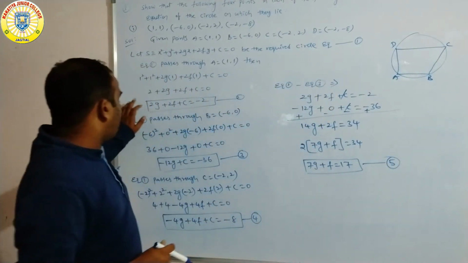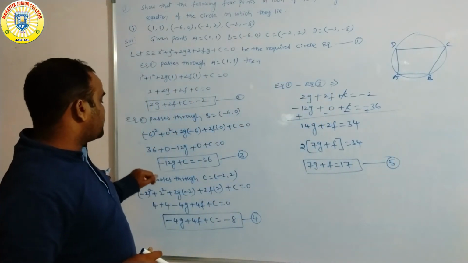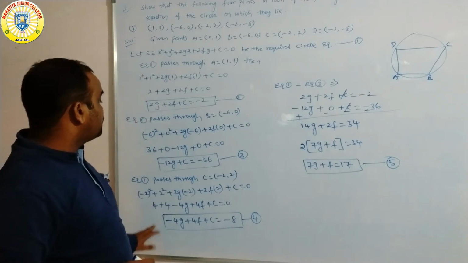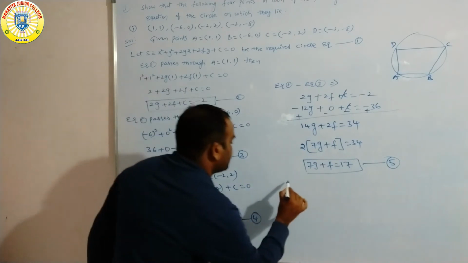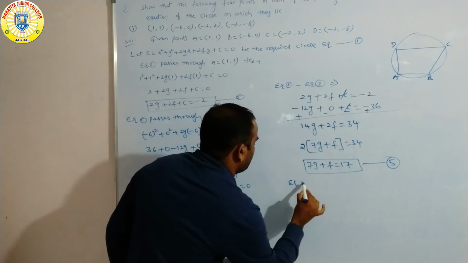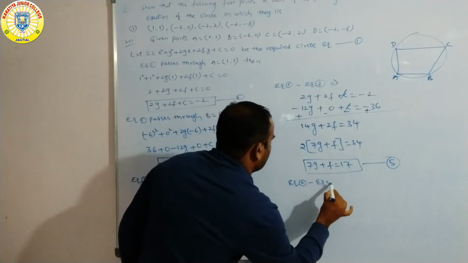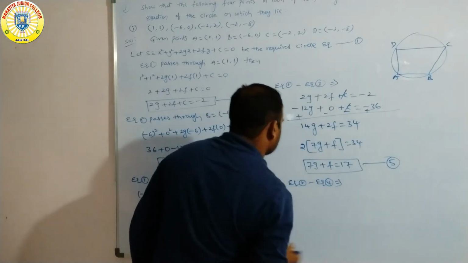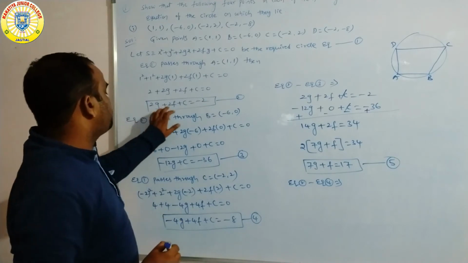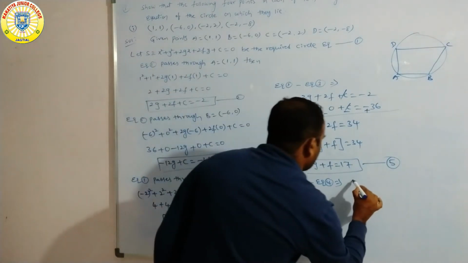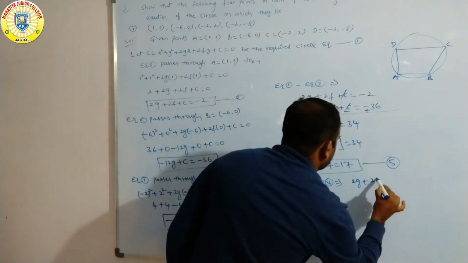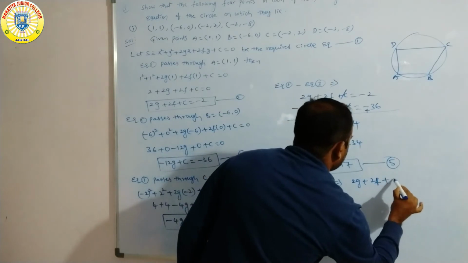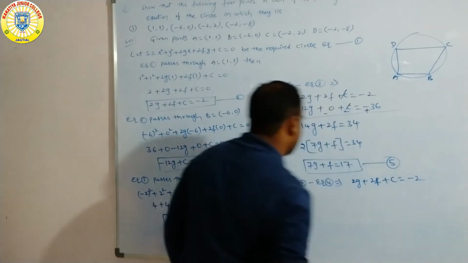So we already did equation 2 minus equation 3. Next we are doing equation 2 minus equation 4. Equation 2: 2g plus 2f plus c is equal to -2.